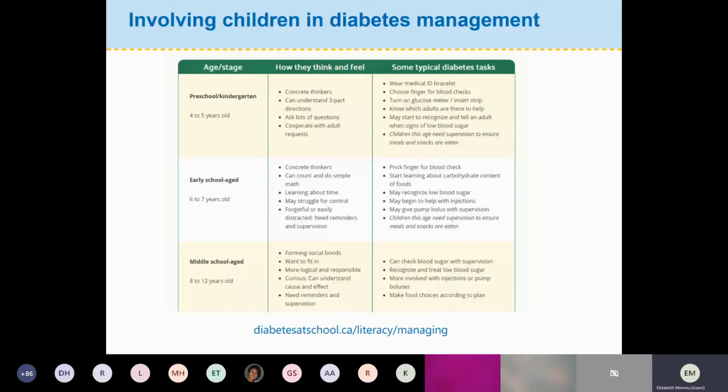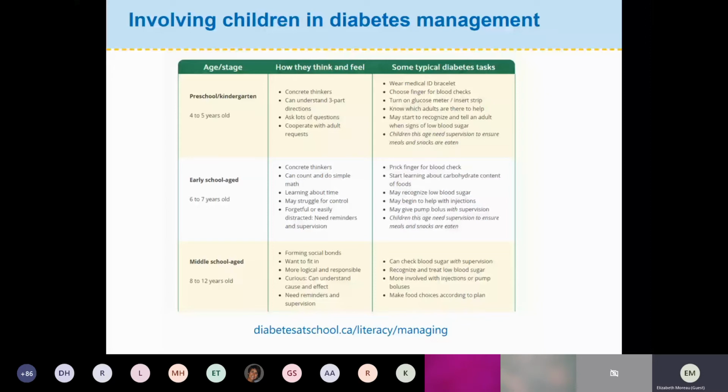What the charts do is they look at it from a child development point of view, and we developed these in collaboration with not just pediatric endocrinologists, but community pediatricians, to look at what children do at particular ages. What is the developmental profile of a child of a particular age, and how does that translate into typical diabetes tasks? So if you look, for example, at children 4 to 5 years old, we really wouldn't expect 4 to 5-year-olds to be checking their own blood sugar.